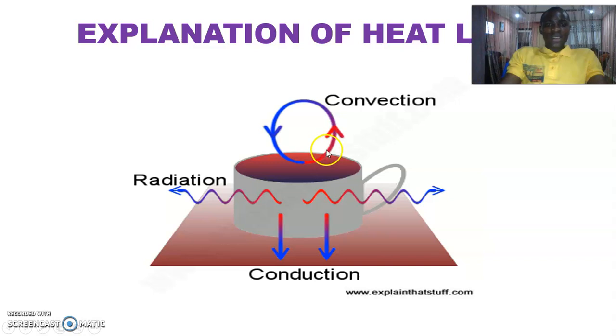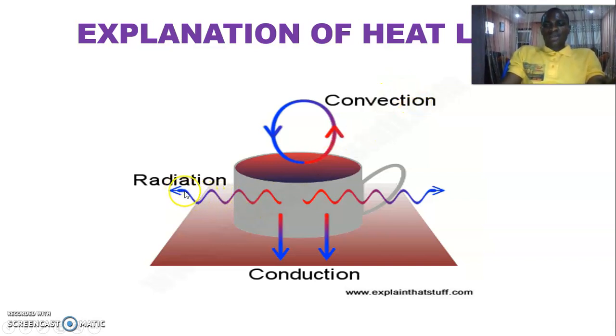When it is heated up, the density reduces since the volume increases, and it becomes lighter and moves up, while cold air comes down and takes its place. This means that this hot object inside the cup is losing heat to the surroundings through a process known as convection, since air is involved.